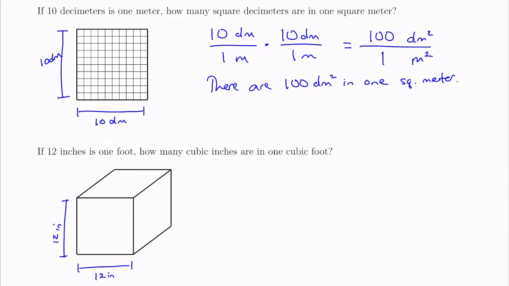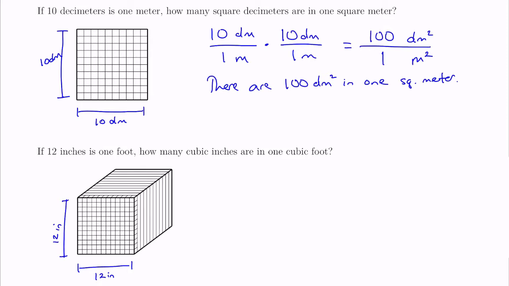Now if we just for a moment consider the front face, it is 12 inches wide and 12 inches high. Well, if we draw in those inches, we can see that we end up with a 12 by 12 grid, or 144 square inches. But when we take that image and add it into the third dimension, we're also going to end up with 12 inches deep. So there are 12 layers of that front face of 144 square inches, but each one of those square inches is really now a cube.